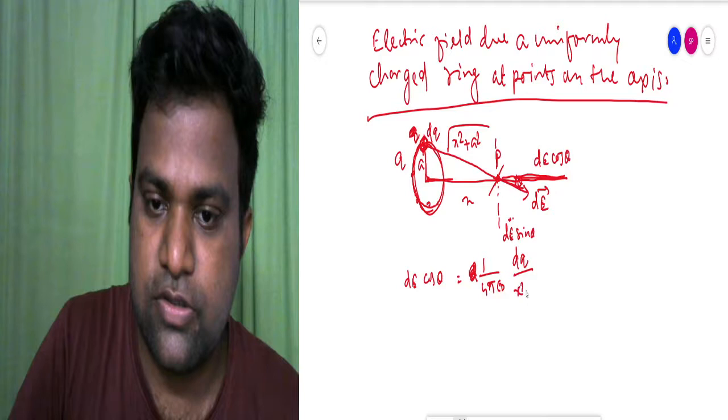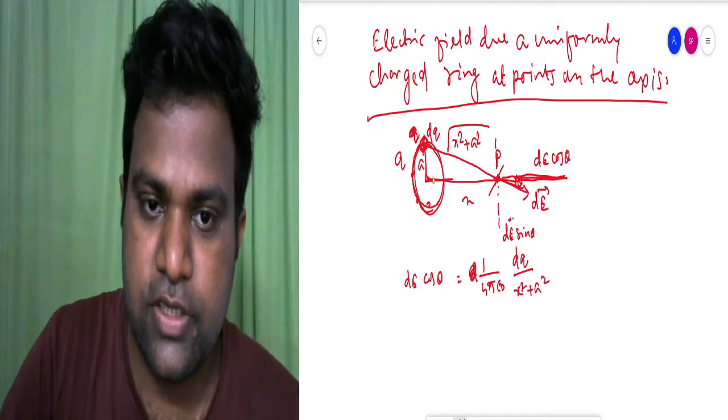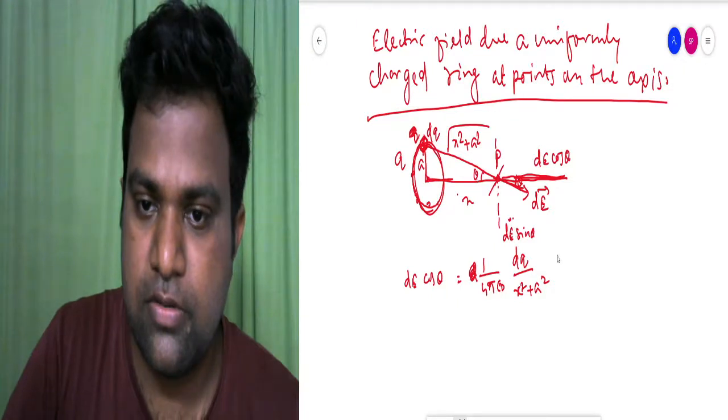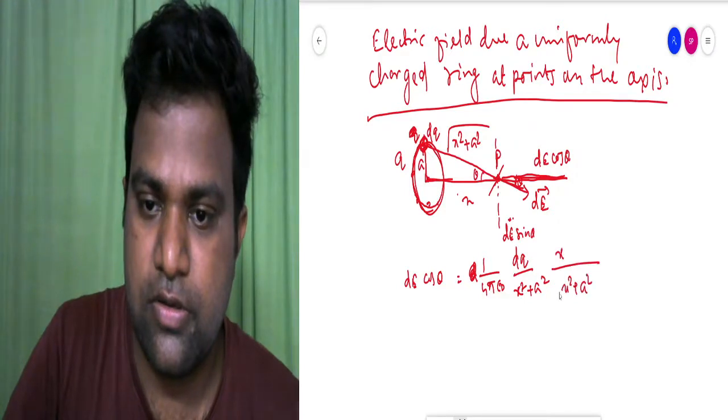And cos theta is base by hypotenuse, so that means x upon the square root of x squared plus a squared.